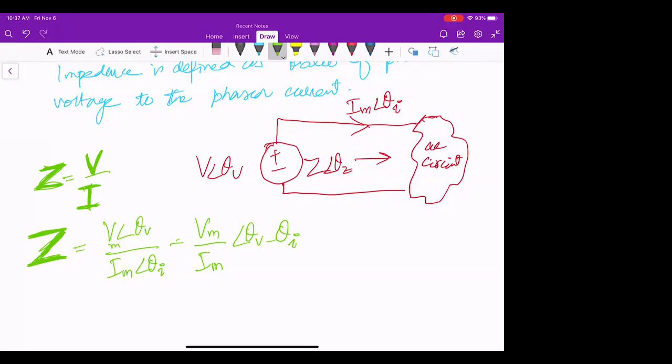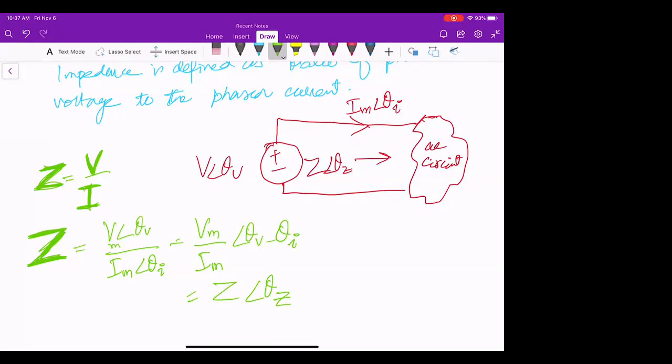I think we have done this in the previous two examples, but we should be able to define it. And this was Z theta Z for us. So that's the mathematical expression.